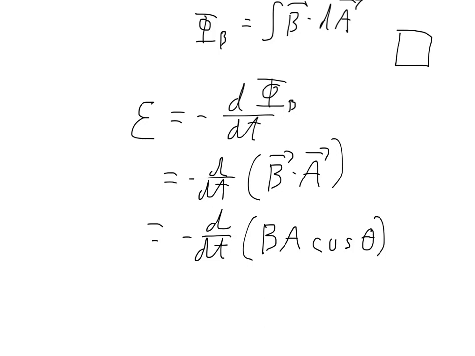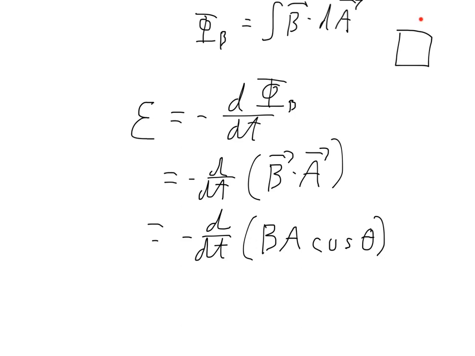So according to this equation, if we were to change the strength of the magnetic field, we would get an induced EMF. If we were to change the size of the loop, we would get an induced EMF. And even if we change this angle, we'd get an induced EMF.